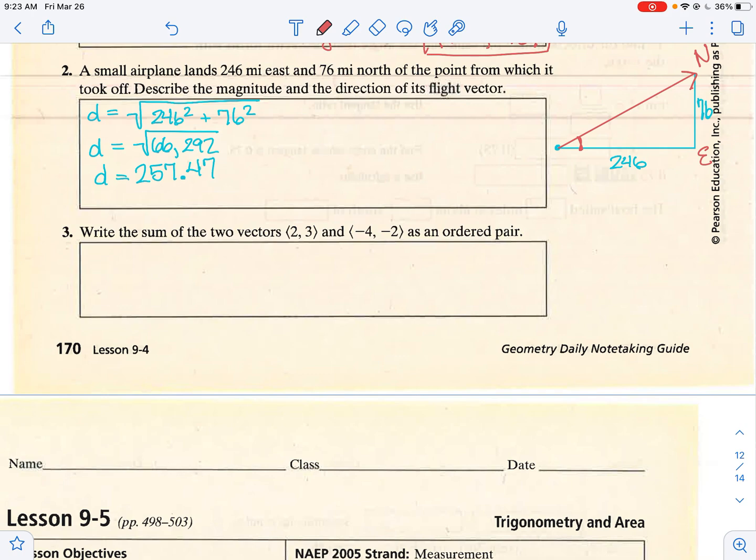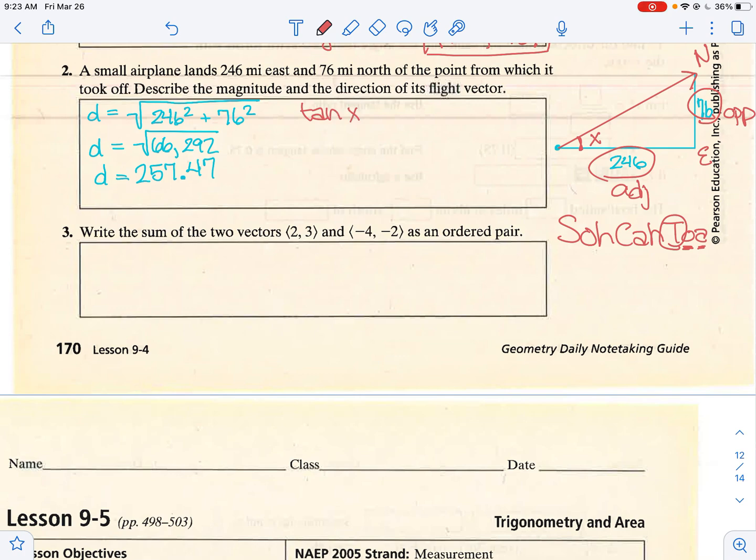Now we need to find the direction. So we're going to find this angle x. So we have opposite and adjacent sides. So if we look at SOHCAHTOA, opposite and adjacent means we need to use tangent.